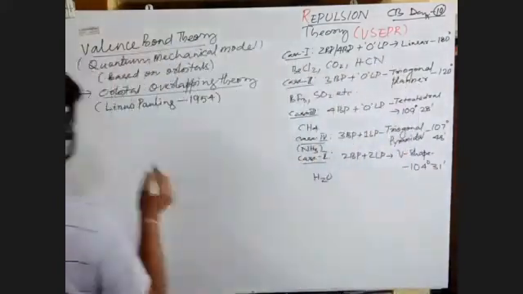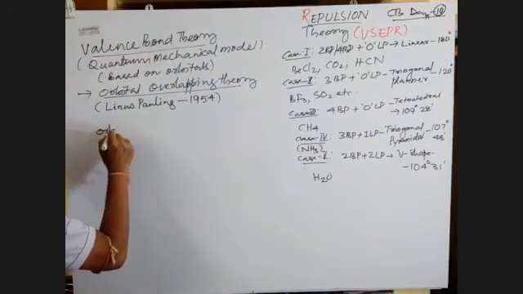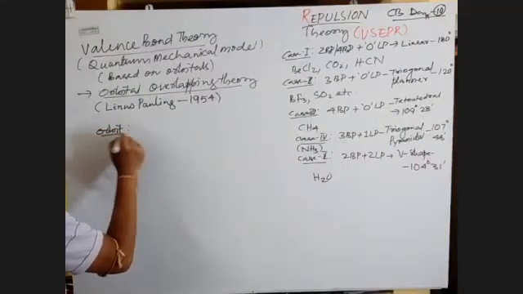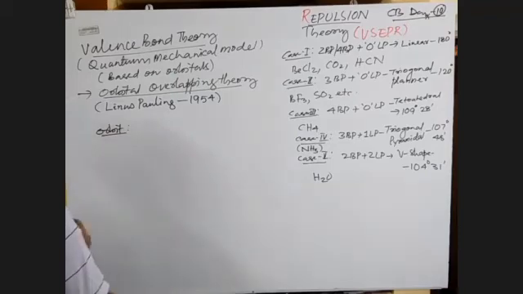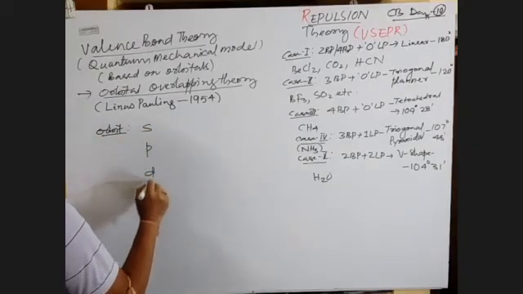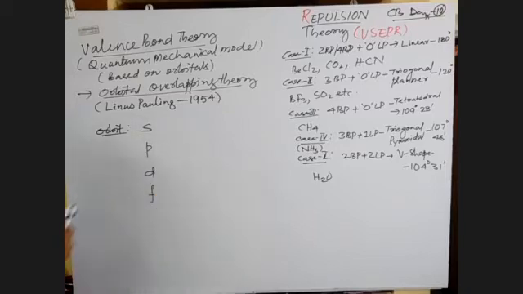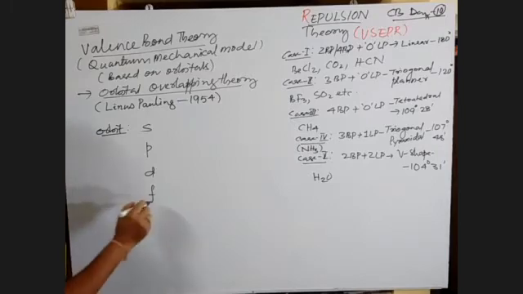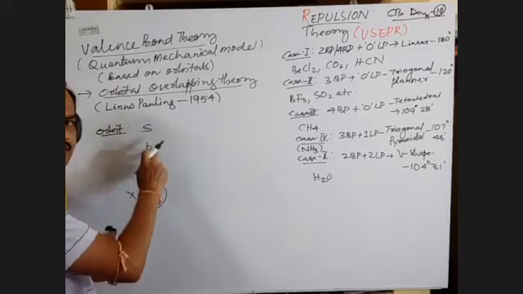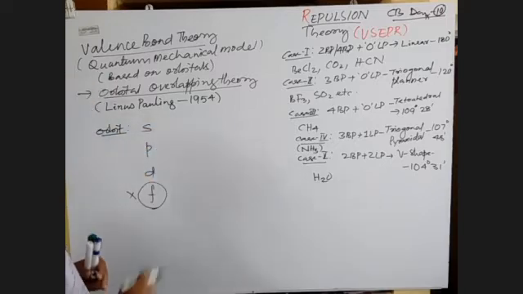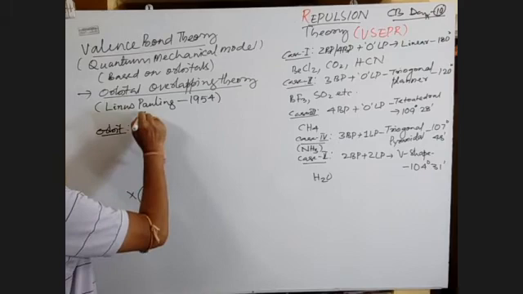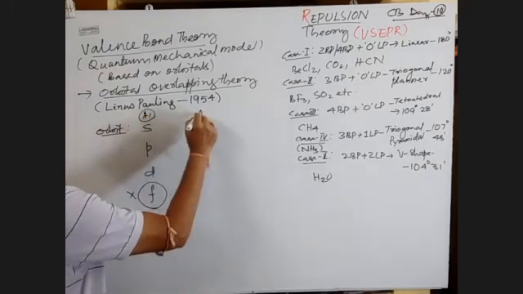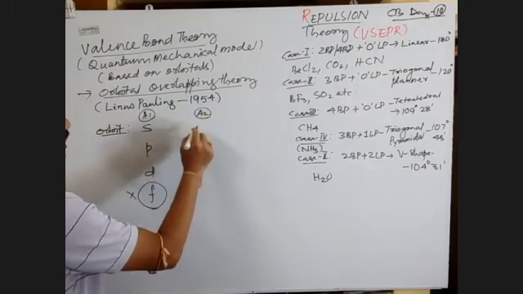Because an orbit can consist of a variety of orbital types. What are they? S, P, D, and F. We don't know much about the F orbital till now. So the remaining S, P, D of one atom can overlap with the S, P, D of the second atom.